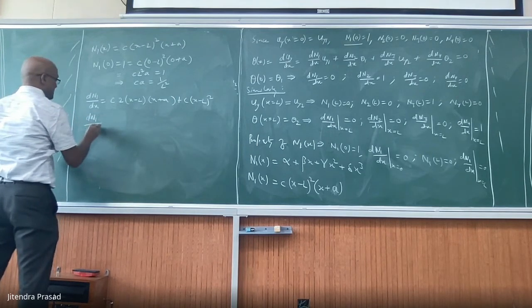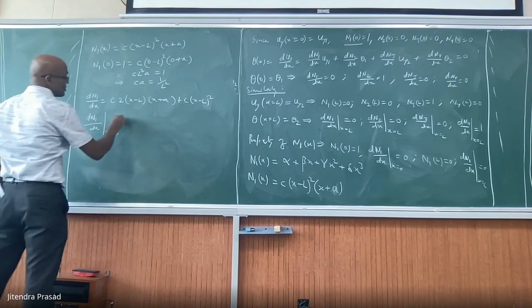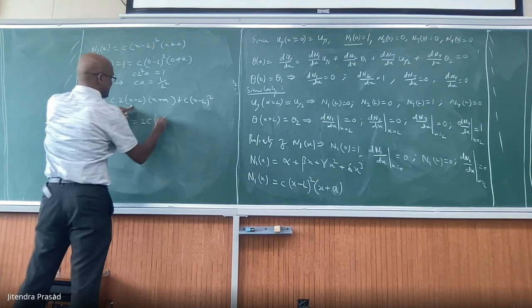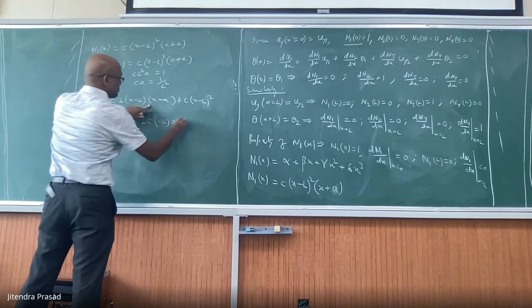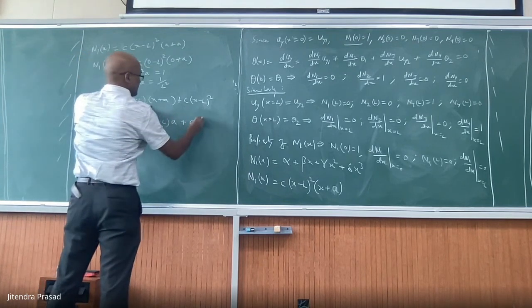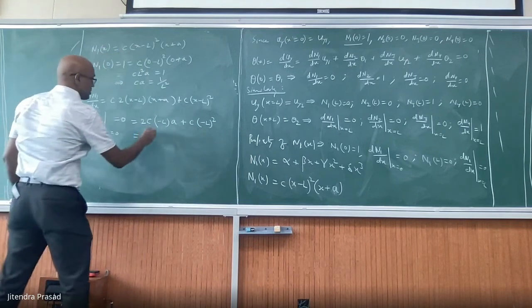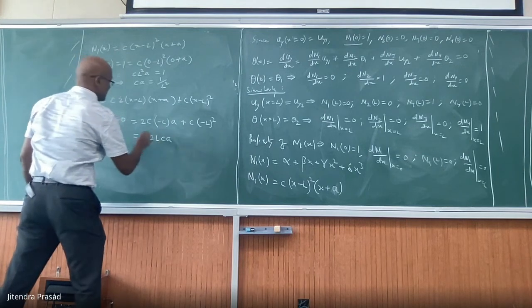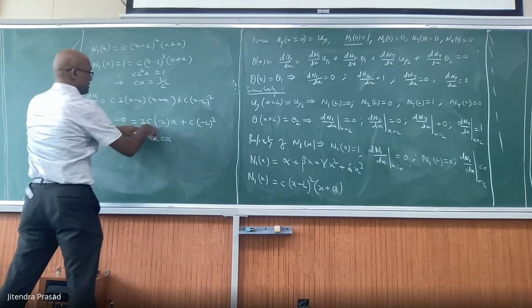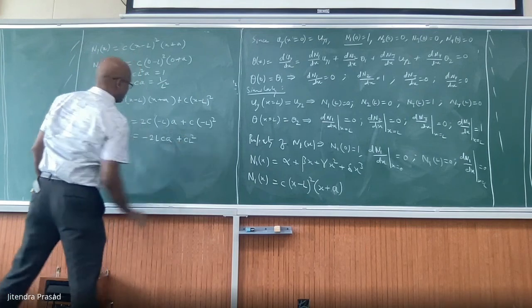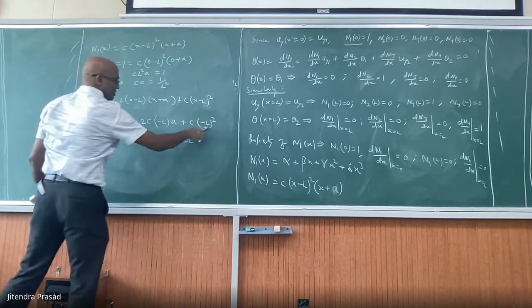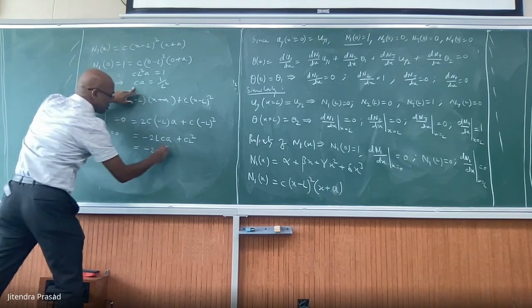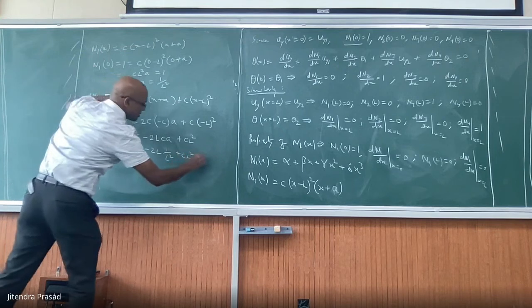So dN1 over dx at x equal to 0, which has to be equal to 0, is equal to 2c, (0 minus L), (0 plus a), plus c (minus L) square, which is equal to minus 2 L c a plus c L square. So c a is 1 over L square, so it is minus 2L times 1 over L square, plus c L square equal to 0.